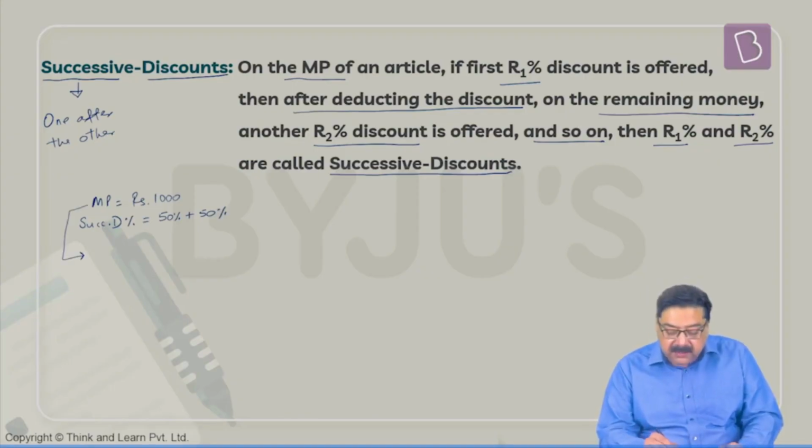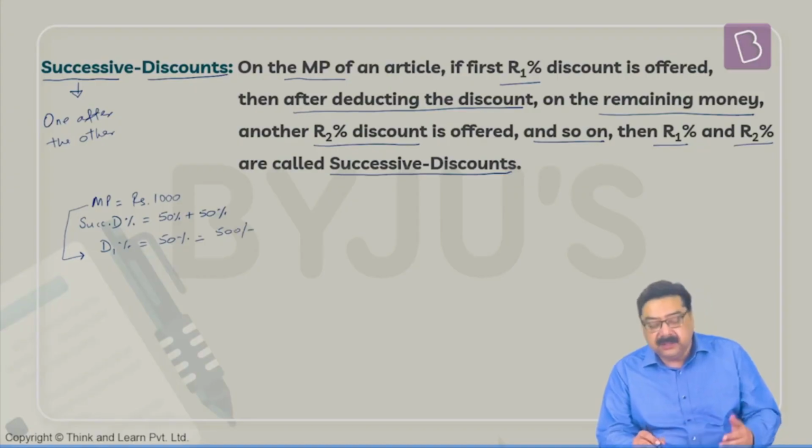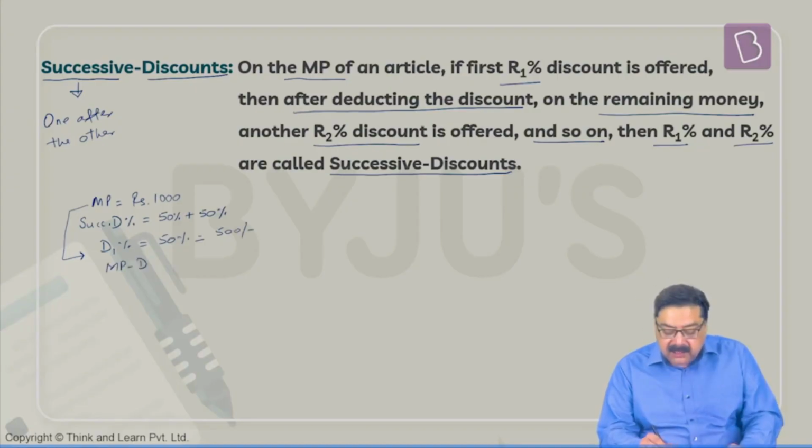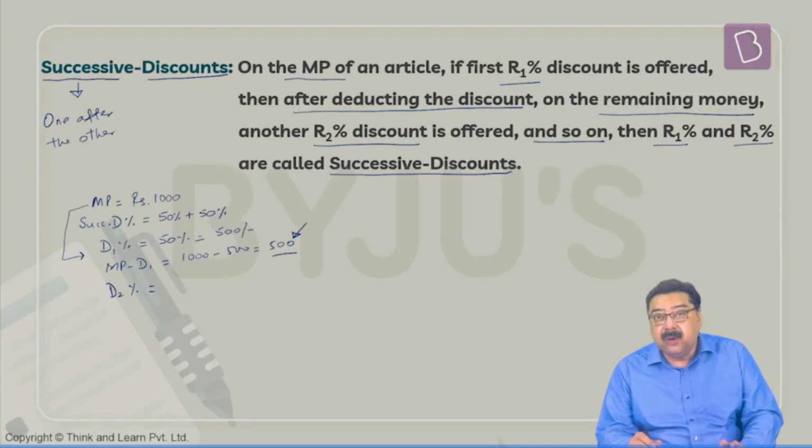So on this marked price, the first discount is applied, that is 50%, which is equal to rupees 500, half of 1000. Now marked price minus first discount becomes 1000 minus 500. So now the selling price of the shirt should be 500. Then the second discount is applied on this amount, that is the amount obtained after deducting the first discount.